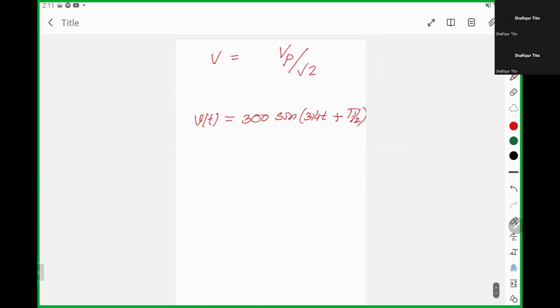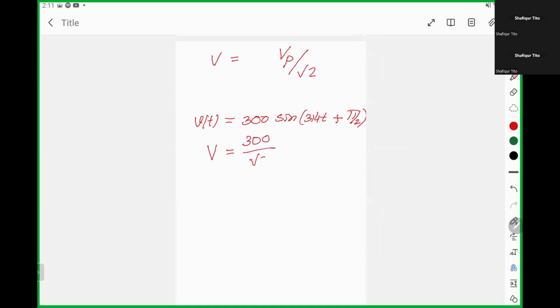Now if I want to represent it in polar form, what would the polar form be? This is V, and this 300 is the peak value, so it has to be divided by √2, and then I make an angle of pi by 2. These two expressions are synonymous. I can use any of them.